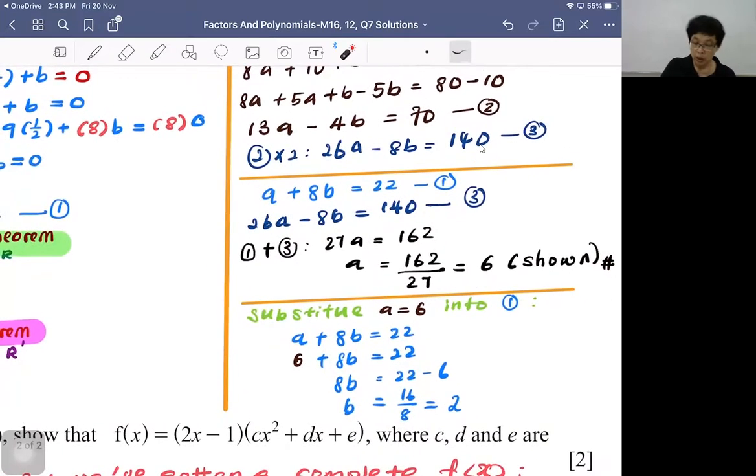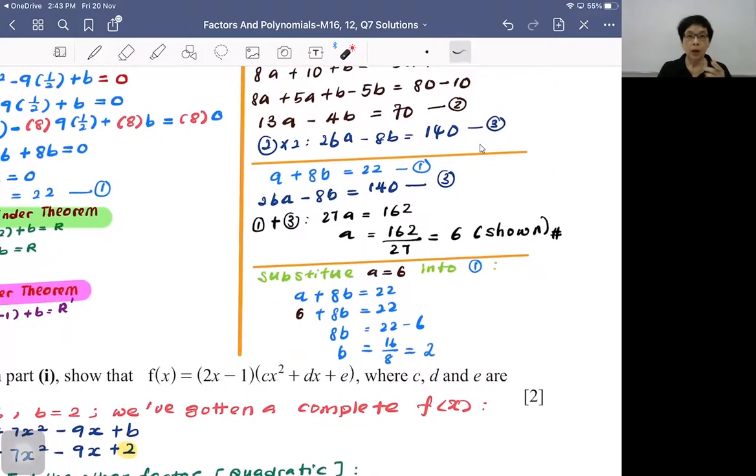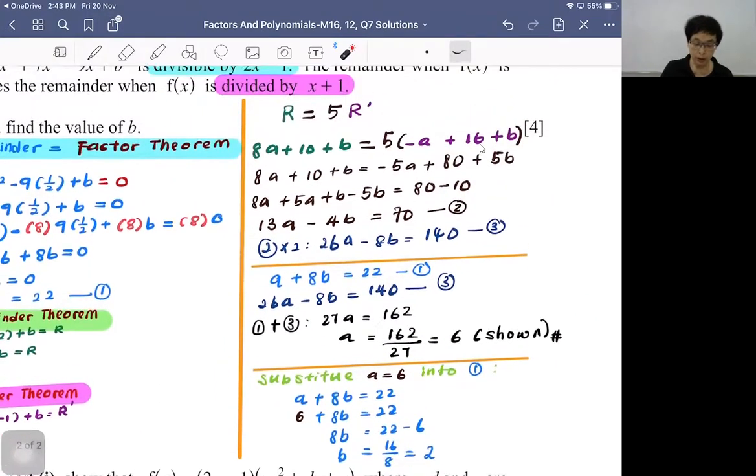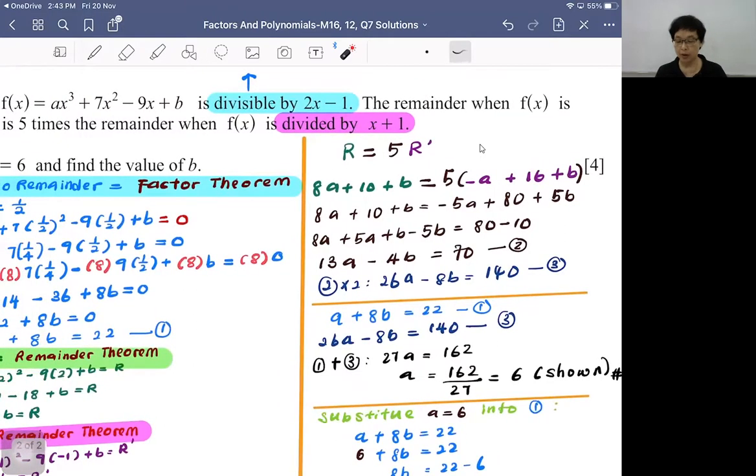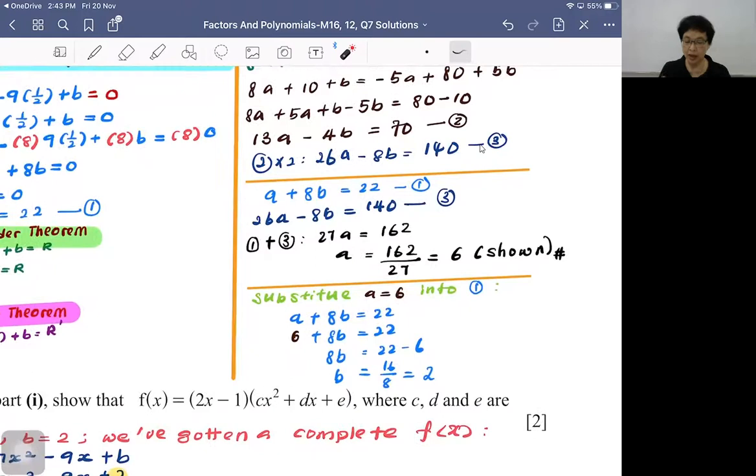To complete the whole question, the second assignment given to us is to find the value of b. Therefore, just take the a equals 6 value and substitute it into any other equation that you have. I have chosen to substitute a equals 6 into the first equation, so a is substituted with 6, and plus 8b equals 22.